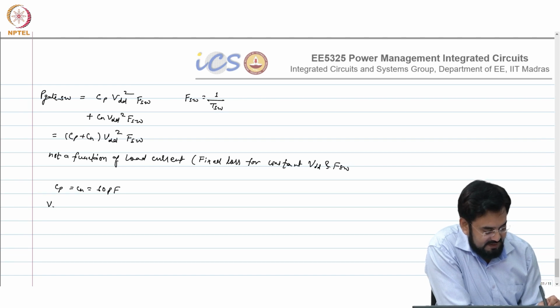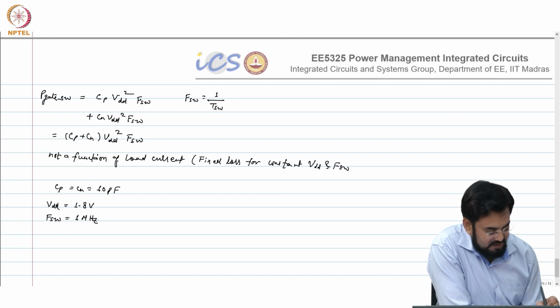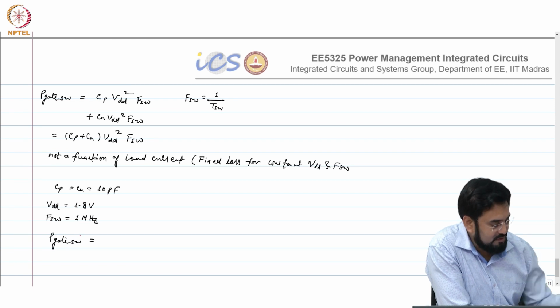And your VDD is, let's say, 1.8. FSW is 1 megahertz. So what will be your P-gate switching loss?